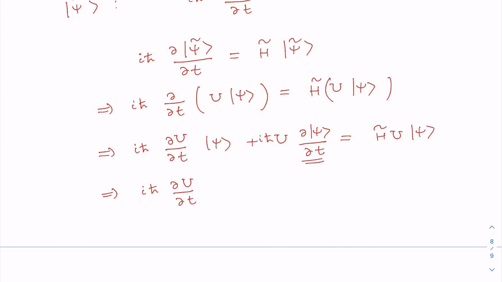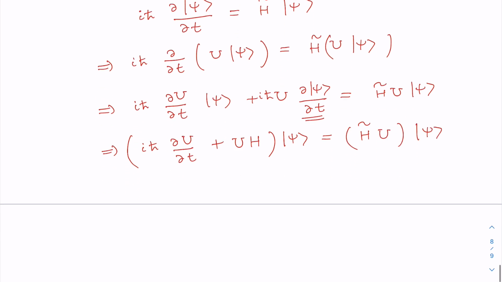I can write the second term as U H psi, taking psi to the other side, so I will have U H psi, and on the other side H tilde U psi.